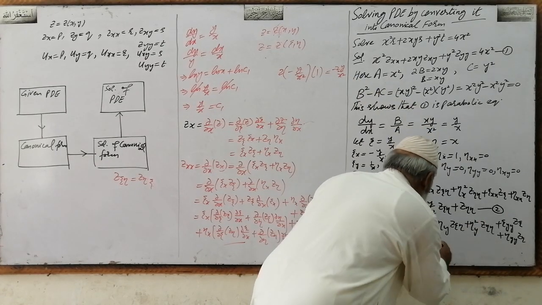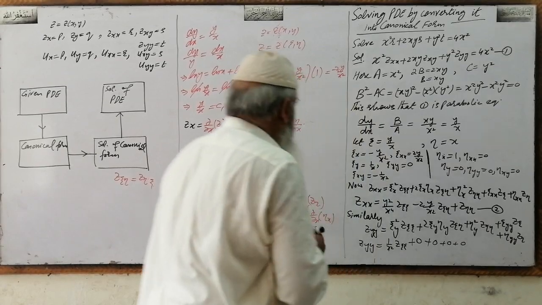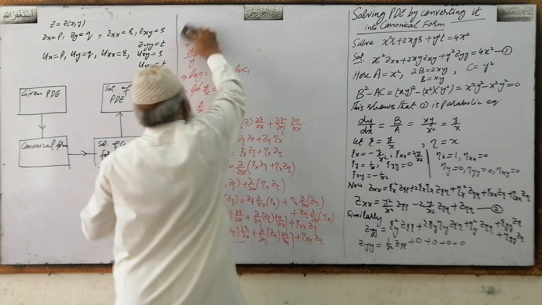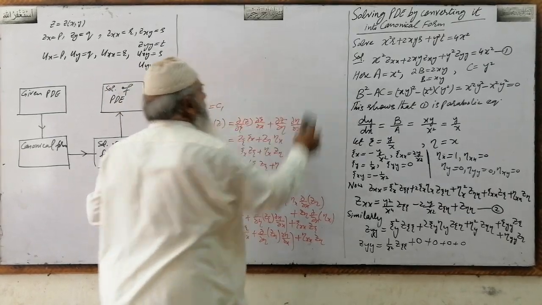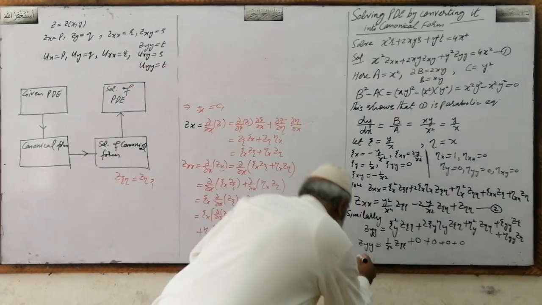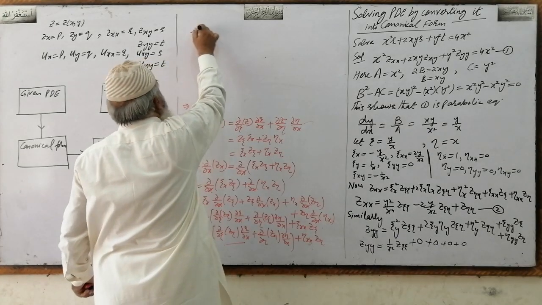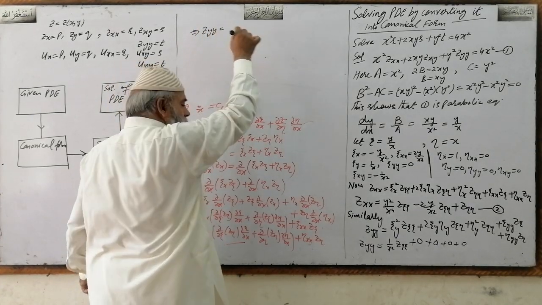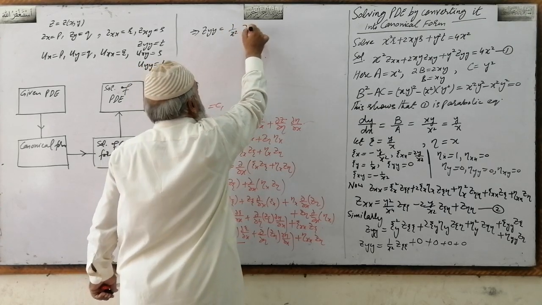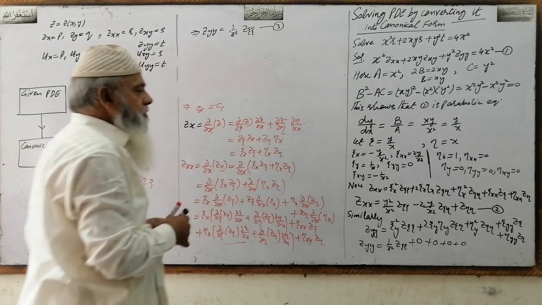And obviously this term will also become 0, and other terms will also become 0. And here we will get z double y is equal to 1 over x square z double xi, and this is equation number 3.